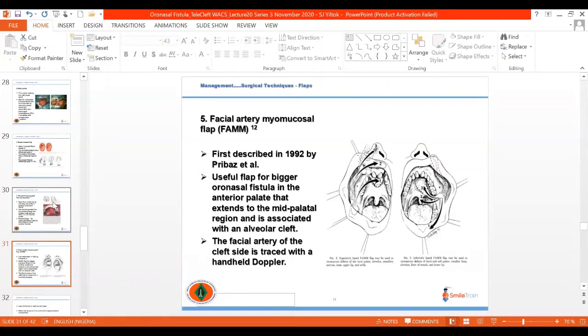It becomes quite handy for patients who must have gone through several procedures and can be classed as cleft palate cripples. In this procedure, one will trace the facial artery vessel using a handheld Doppler to locate it, raise it, and use a reasonable length of pedicle to close.